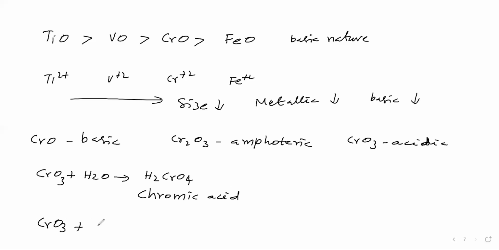CrO3 with sodium hydroxide gives sodium chromate and water. So it is a salt. It is reacting with the base to give salt, therefore it is an acidic oxide.